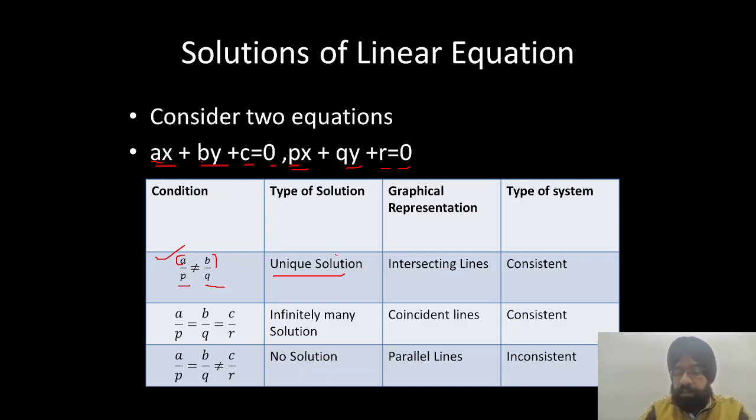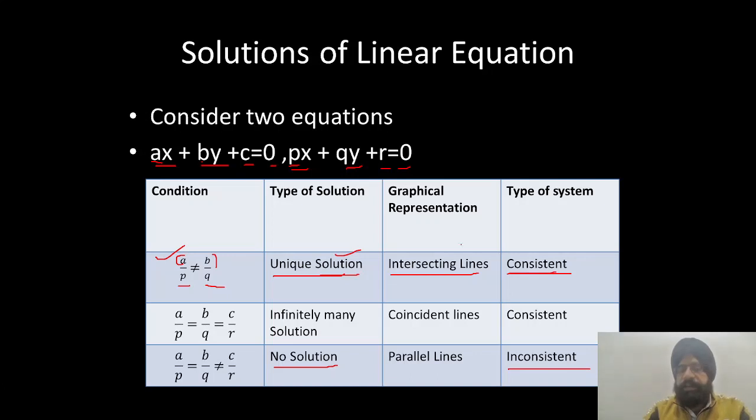We will get a unique solution, and this represents intersecting lines, and intersecting lines are a consistent type of system. It means we are going to get a solution. If we get a solution, our linear equations are consistent. If we do not get any solution, then our linear equations are inconsistent.